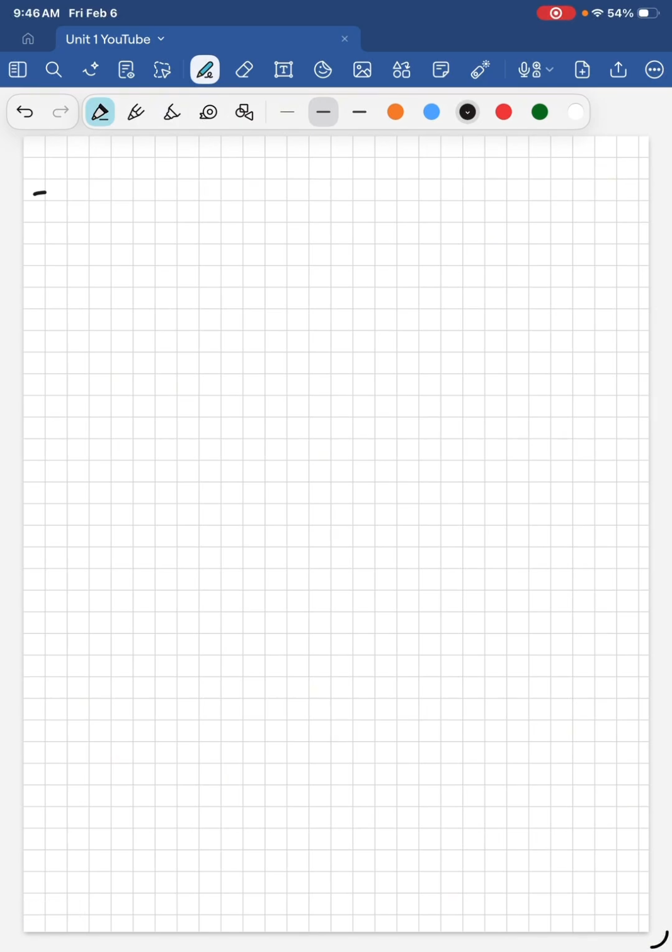So let's write one more comment. This is how boats float.